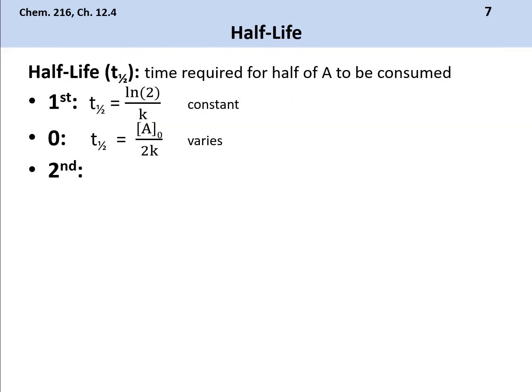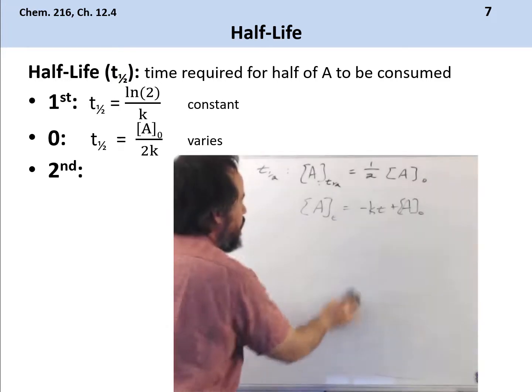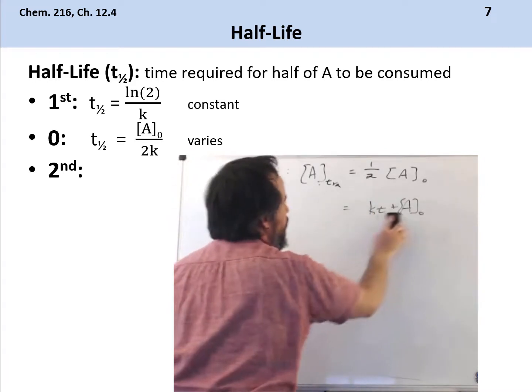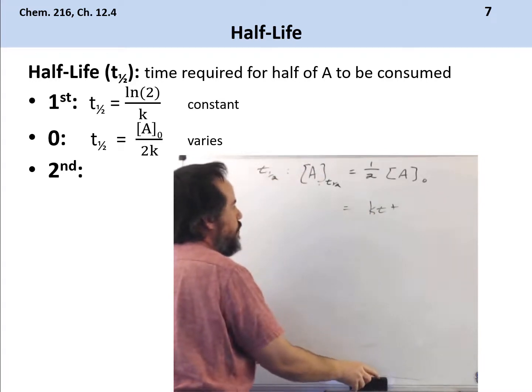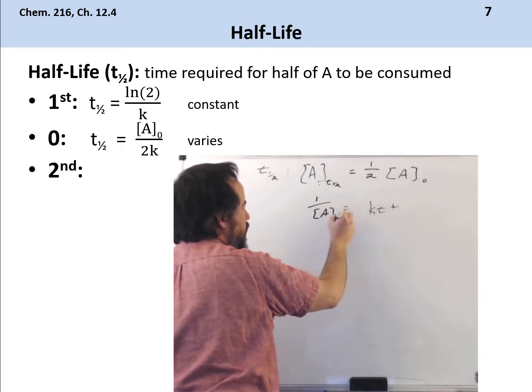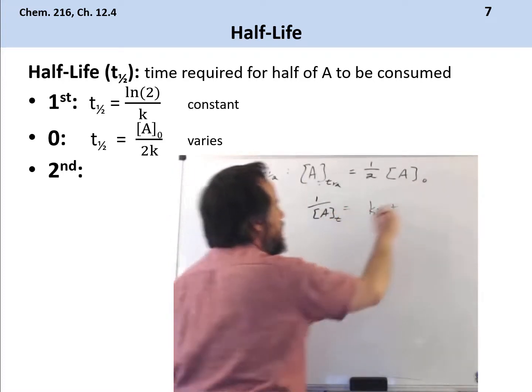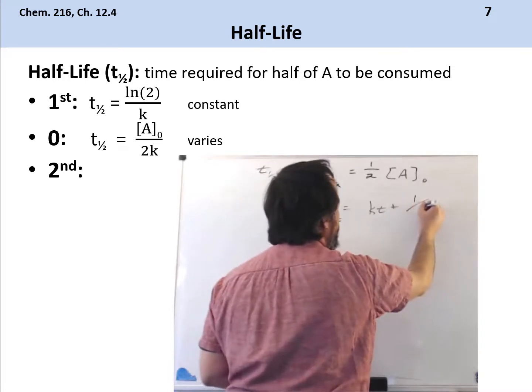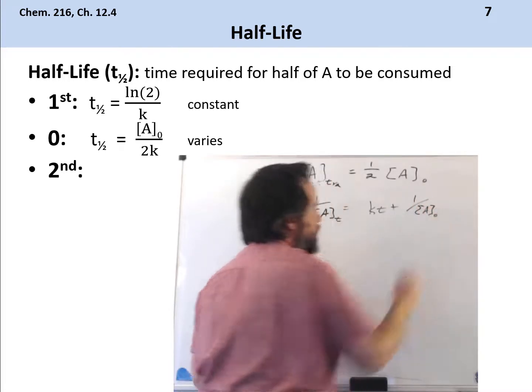Okay, now let's go ahead and look at second order. For second order, remember, we had a slightly different one. We had 1 over A_t equals kt plus 1 over A naught.